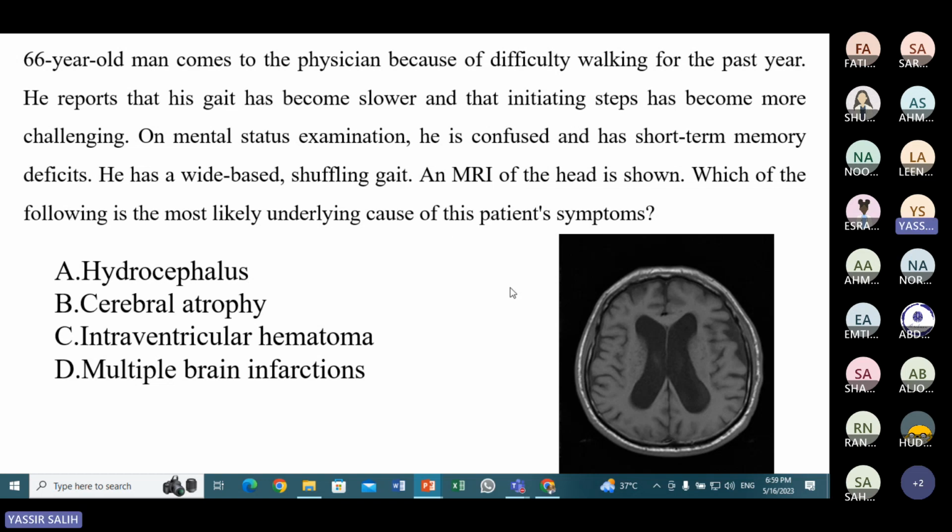But you have to correlate between the clinical presentation and the imaging finding. This is the difference between hydrocephalus and cerebral atrophy. Did you get this point? Yes.